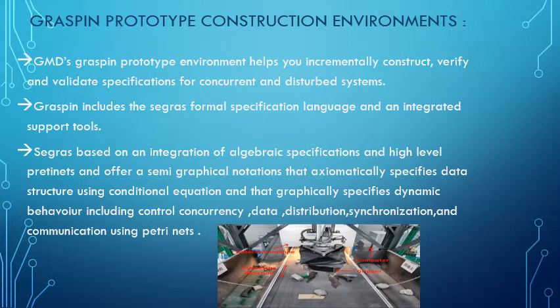Grasping includes the Seagrass formal specifications language and integrated support tools. Seagrass is based on an integration of algebraic specifications and high-level Petri nets and offers a semi-graphical notation that axiomatically specifies data behavior, including control, concurrency, data distribution, synchronization, and communication using PrettyNet.